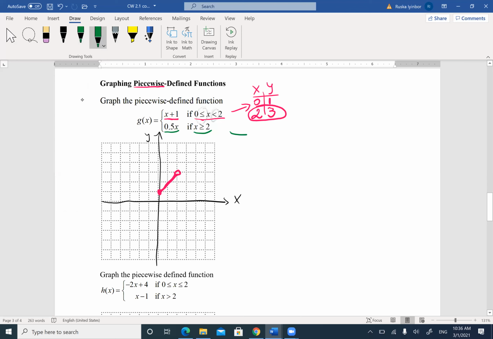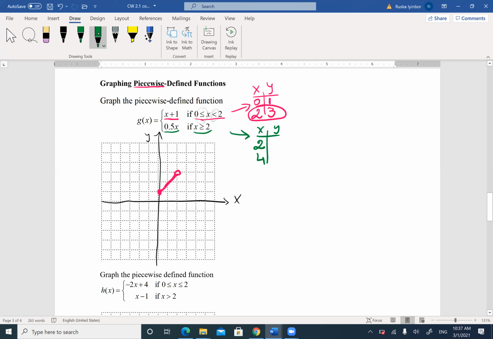I'm going to make a little table for the second function. Again, I'm going to have x and y. Here I'm going to pick x as 2 and another number after 2, because it says x is greater than or equal to 2. So I'm going to pick 2 and let's say 3. Doesn't matter, something bigger than 2. Actually, because it's 0.5, let's pick 4. I'm going to pick 2 and 4.